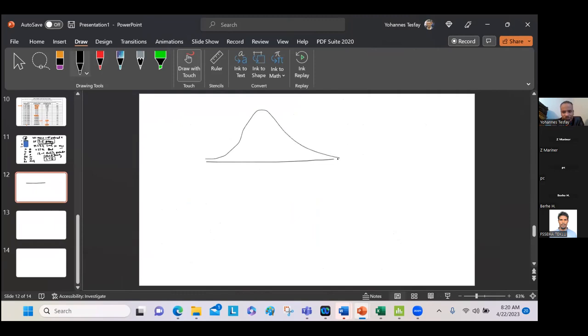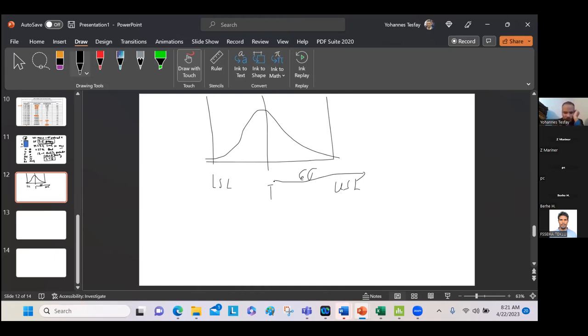After drawing it like this, this is my target, and on this side I have the lower specification limit, and this is my upper specification limit. We already saw that 6 sigma is what we want to compare against.